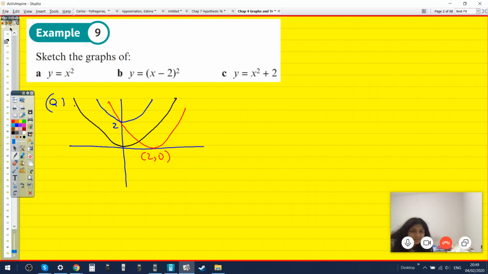Oh, you did great. You only made that mistake once, and we did every possibility. So yeah, 2 to the right, 2 up. If it's in a bracket next to the x, it's the x direction; if it isn't, it's the y direction.